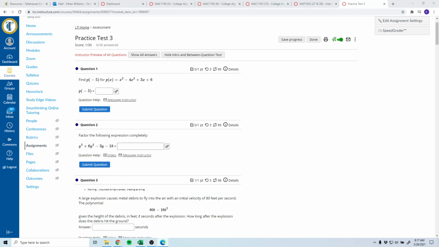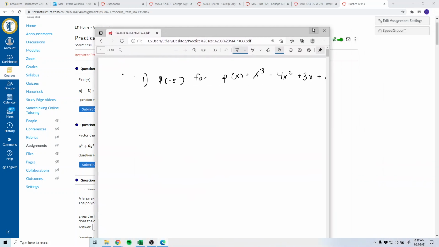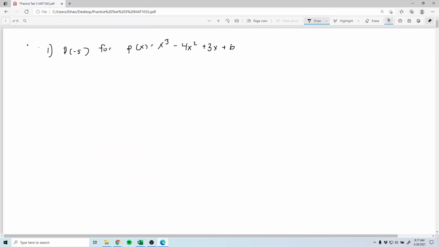It is p of x equals x cubed minus 4x squared plus 3x plus 6. Just like the last practice tests, in all the practice tests there's pretty much no multiple choice, but on the real test there will be multiple choice like there has been for all of them.